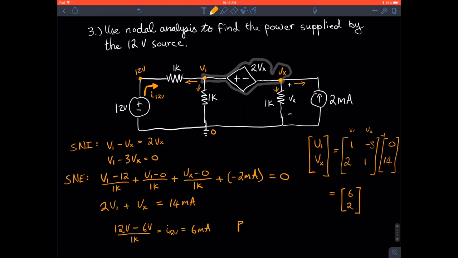And we know the equation for power is equal to current times voltage. So that's just 6 milliamps times 12 volts. And that's going to be equal to 72 milliwatts. And that's supplied because we defined our current as leaving. So it's supplying the circuit with 72 milliwatts of power.